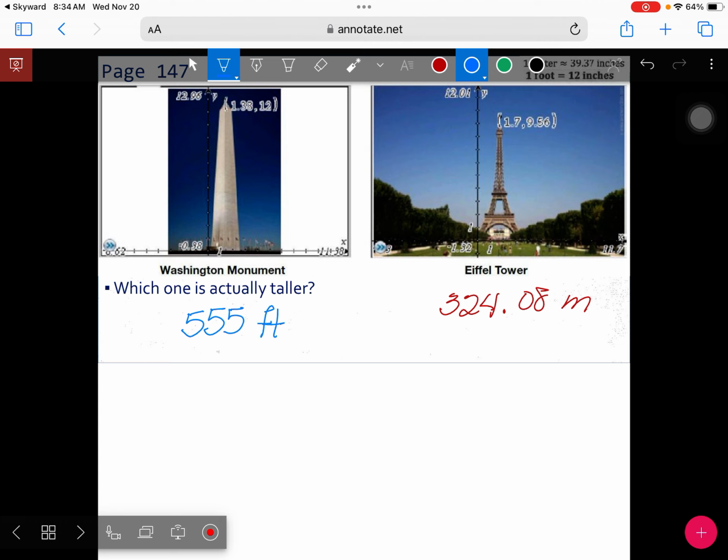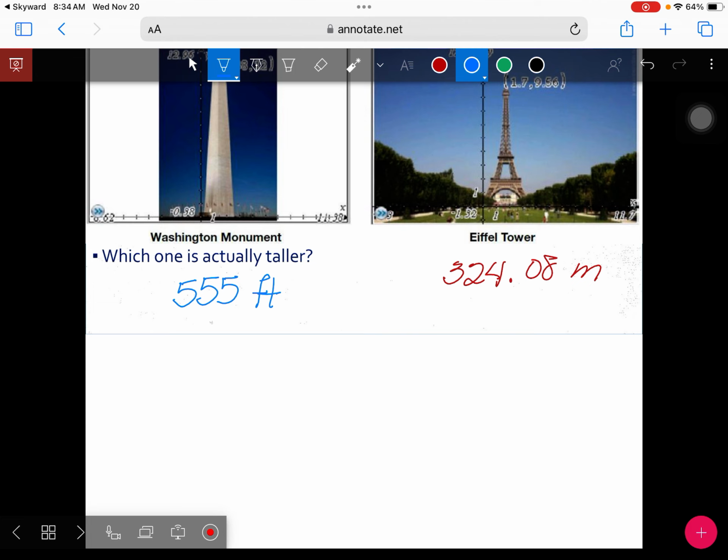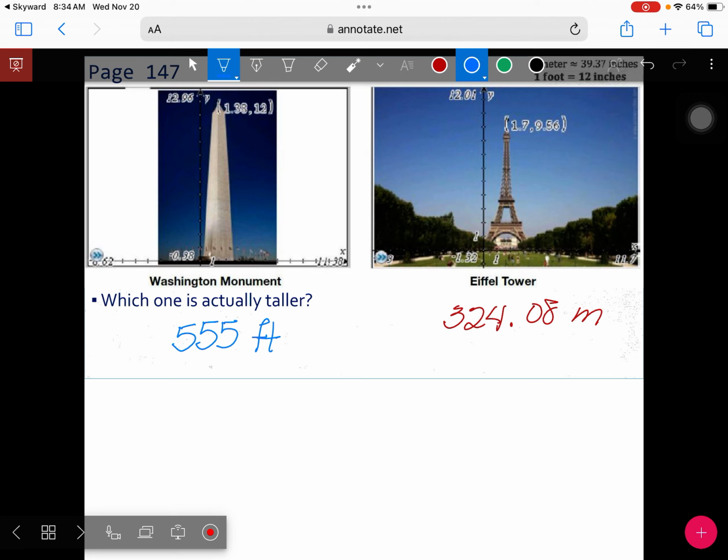Can we compare feet to meters? Not very well, no. So what do you want to do? How can I compare which one's taller? What do I have to do to one of them? I have to convert it. I either have to make the Washington Monument into meters, or I have to make the Eiffel Tower into feet.